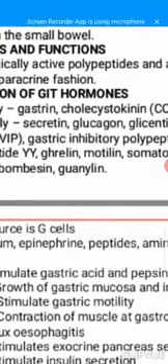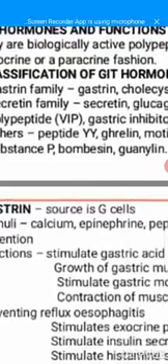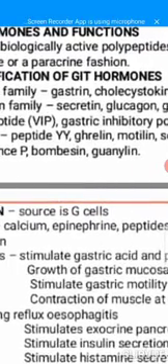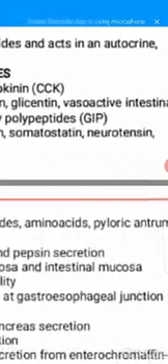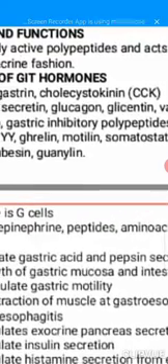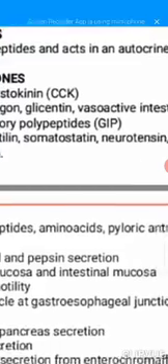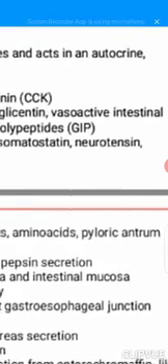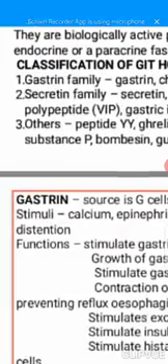Then we have the secretin family. The secretin family is remembered as Secretary General, SG raised to power 4: secretin, glucagon, glycine, GIP, which is gastric inhibitory peptide, then VIP, vasoactive intestinal peptide.